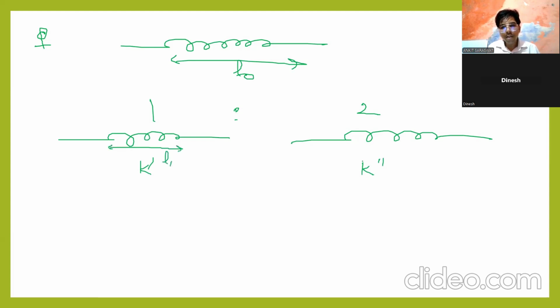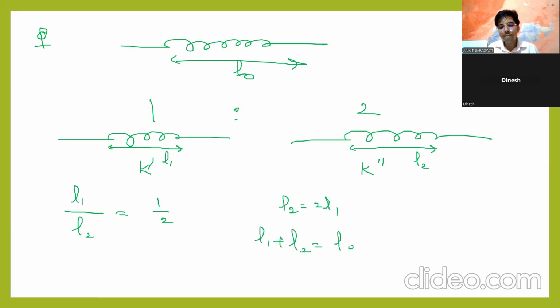First of all, find the length here. You break it into L1 and L2. They have mentioned L1 by L2 is 1:2. If L1 by L2 is 1:2, L2 will be twice of L1, and this total length L1 plus L2 is simply L0.